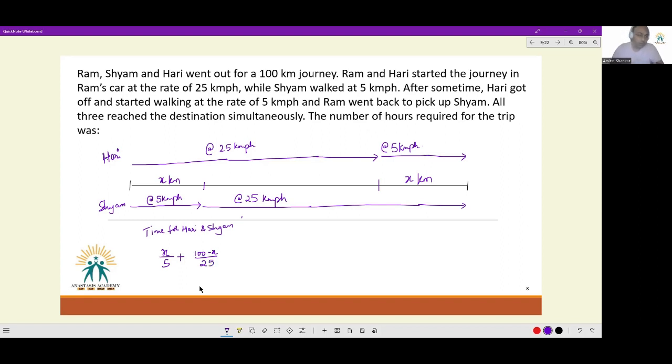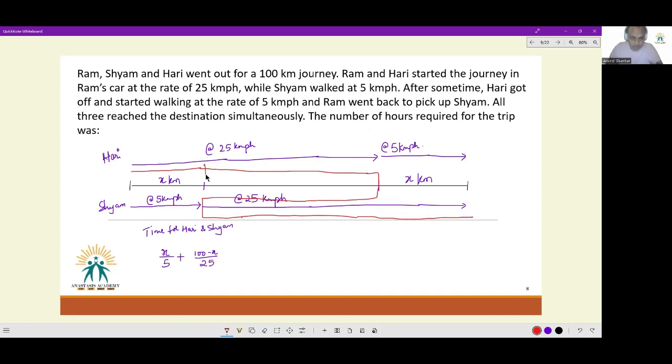Now, so far, we have only been looking at Hari and Sham. The interesting person to note here is Ram. Look at Ram's journey. First, he travels this far. Then he comes back here and picks up Sham. Then he goes to the end all over again.